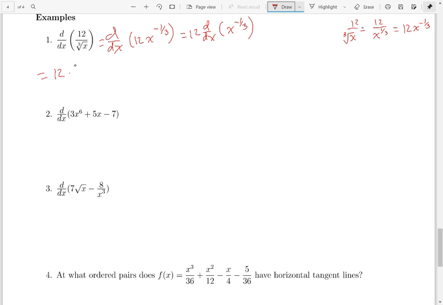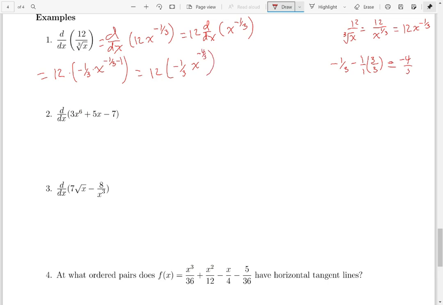That's then 12 times, general power rule says bring that power out front, times x raised to the negative 1/3 minus 1. Let's clean it up. That's 12 times negative 1/3 times x to the negative 1/3 minus 1. Multiply by 1 in disguise, that's 3 over 3. So negative 1 minus 3 is negative 4/3. And so as far as we're concerned, that is the derivative.